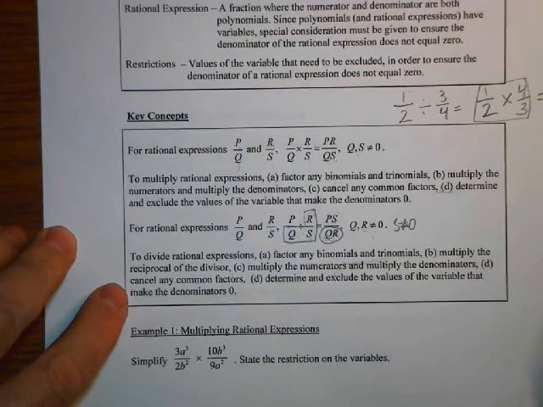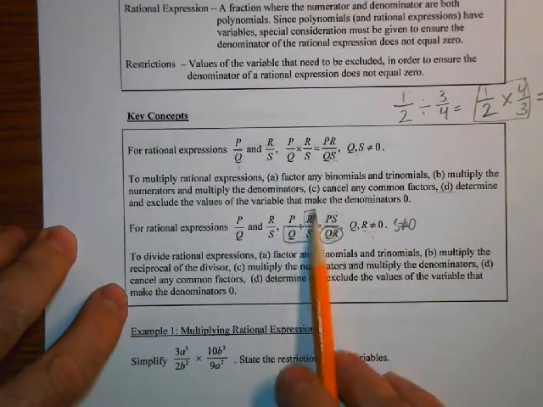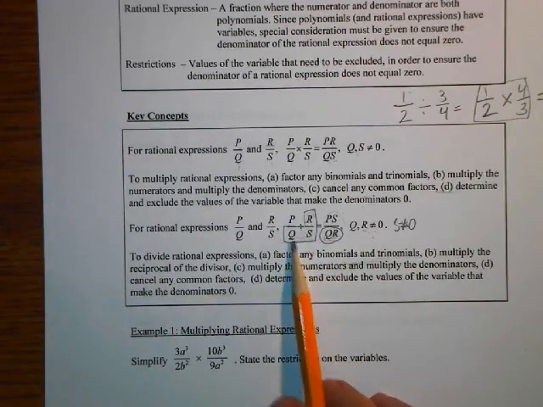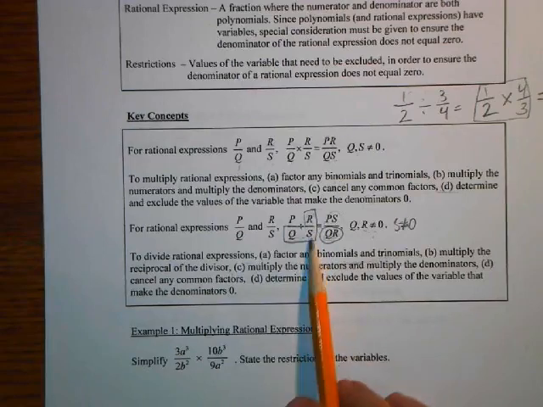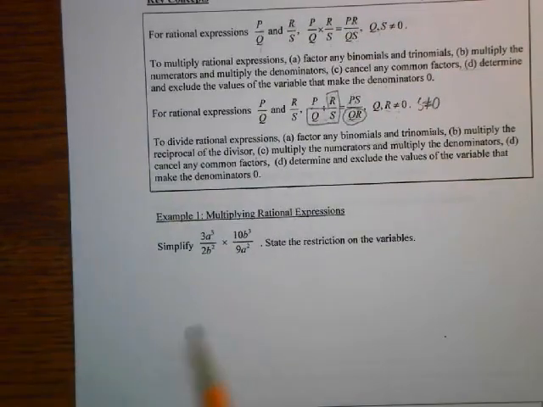Okay, and again, do the restrictions based on if you have any variables in those positions of your question. None of those factors that are there are allowed to be 0. Okay, so let's do some examples.